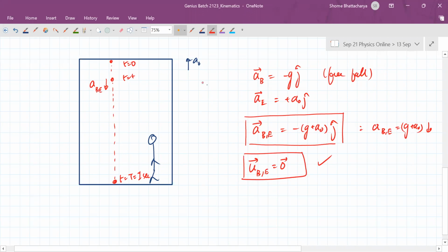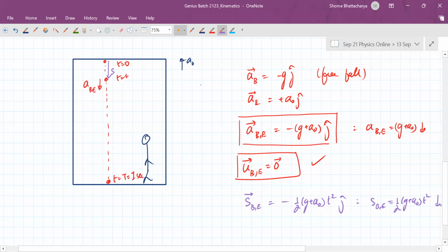So from this you can see that the displacement of the bolt with respect to the elevator as a function of time, vectorially, will be minus half (g plus a naught) t square j cap, or we can just say that it is half (g plus a naught) t square downwards.